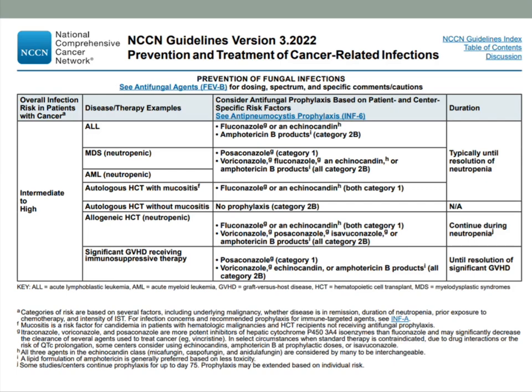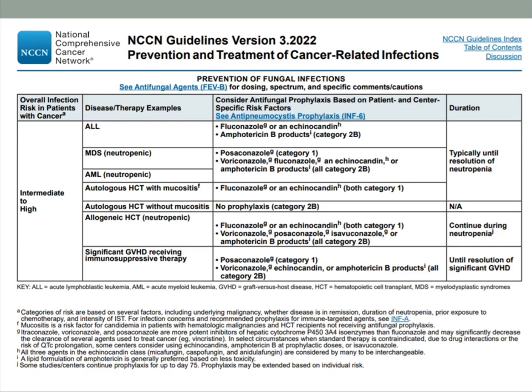Posaconazole has the highest recommendation because there is a randomized controlled trial compared to fluconazole showing a mortality benefit. We extrapolate that to our other mold-active triazoles like voriconazole and isavuconazole, but technically they have a lower category recommendation because of that.